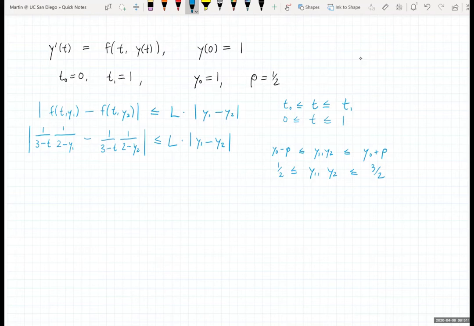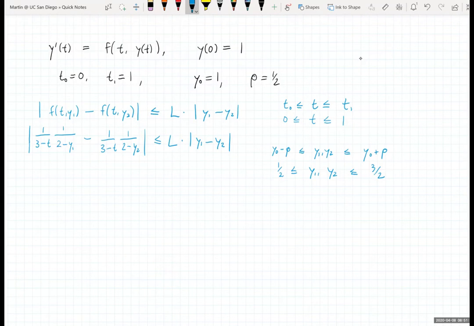And it is true for all y1, y2 taken between y0 minus rho and y0 plus rho, which concretely means that y1 and y2 are taken from 1/2 up to 3/2.